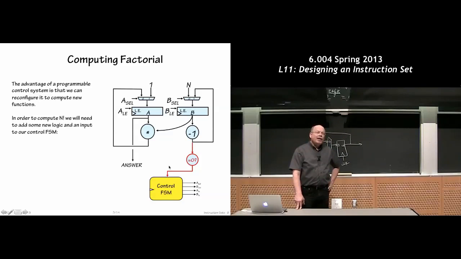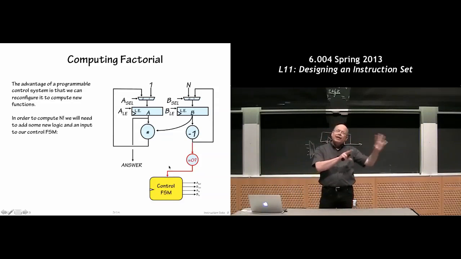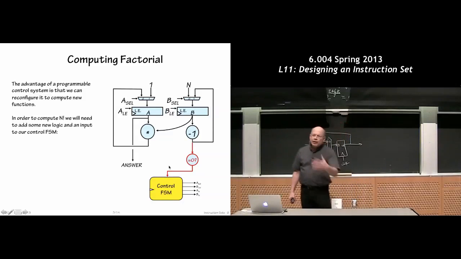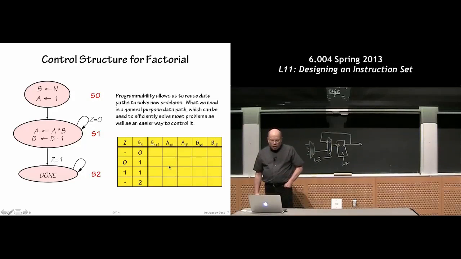And so this combination of not only generating control signals, but listening carefully to the status of the data path allows us to perform a wide range of data-dependent computations, which is really what your computer is all about. So this is a very simple example of control signals going to the data path and status signals coming back. So what we're going to do is to actually compute factorial.